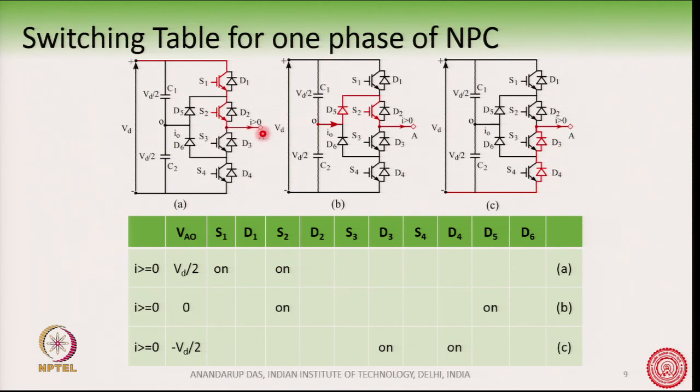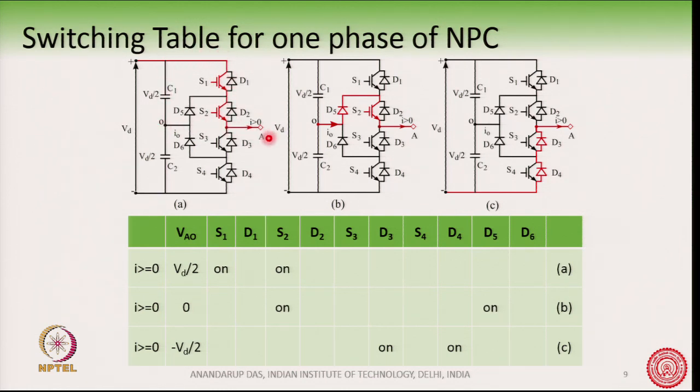When the current is going out of this converter, and we would like to get a voltage Vd by 2, the pole voltage VAO. Everything is now accessed with respect to the point O, which is assumed to be at 0 potential.